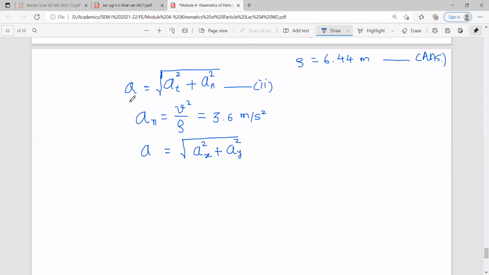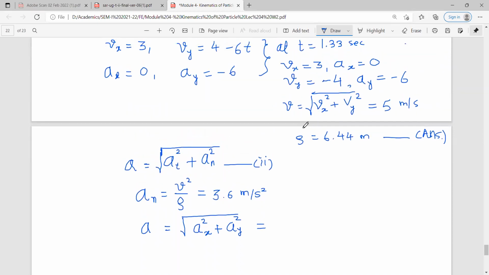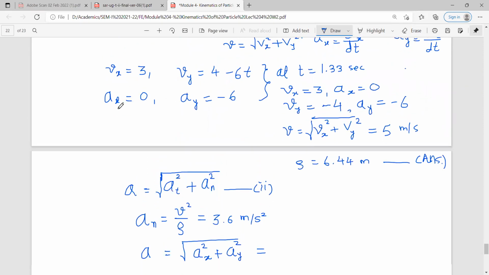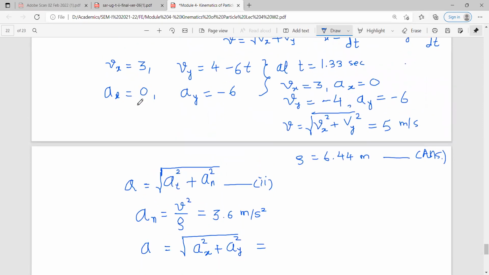The same acceleration vector we are resolving along the x and y axes. Ax is equal to 0 and ay is minus 6.